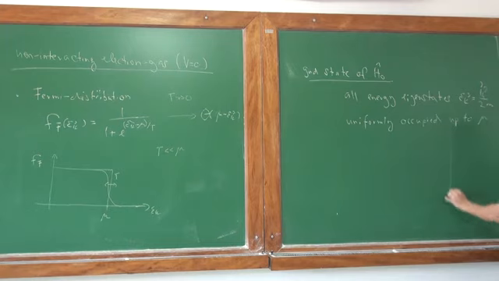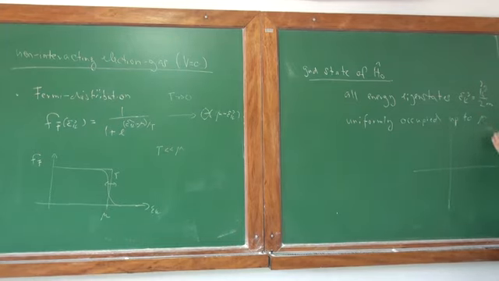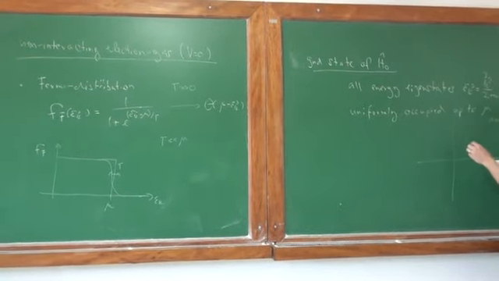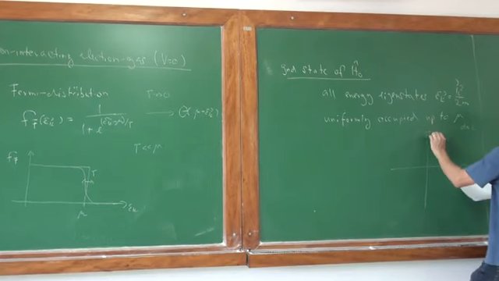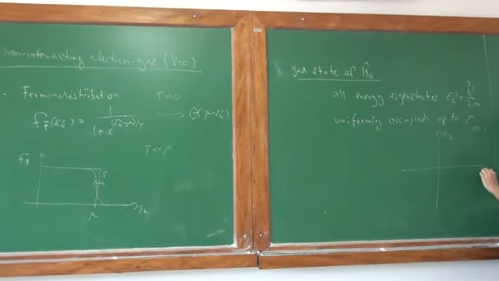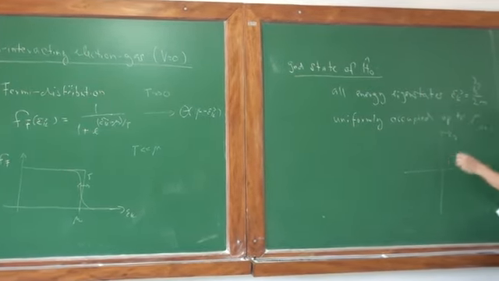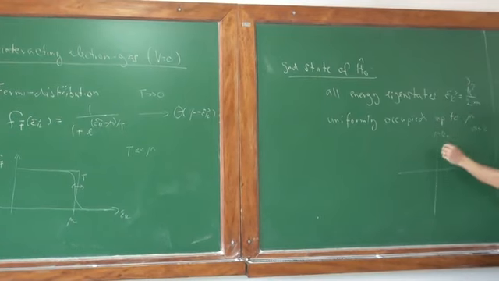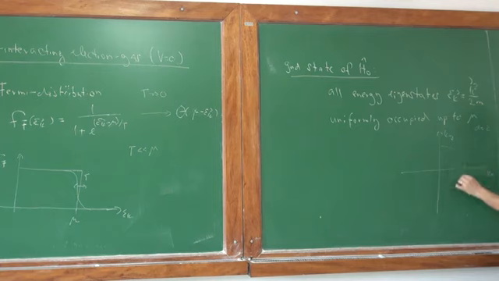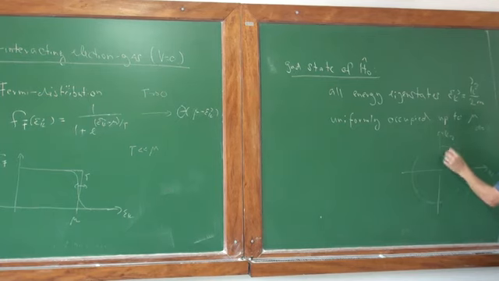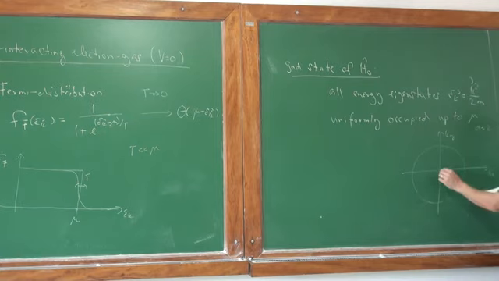Let's make a cartoon in 2 dimensions. 3 dimensions is harder to draw. We have ky and kx. A constant energy corresponds to a given circle, the circle with radius given by the Fermi momentum, which is the square root of 2m times the chemical potential.